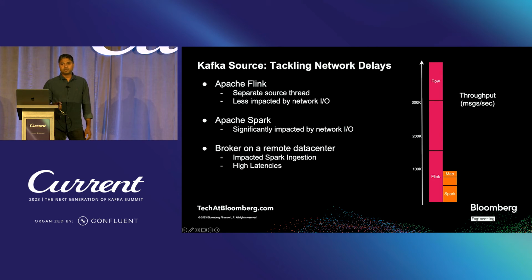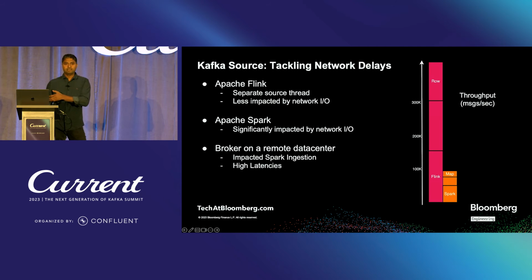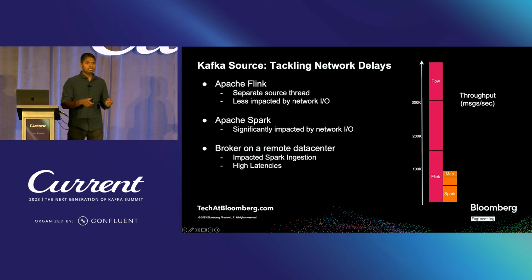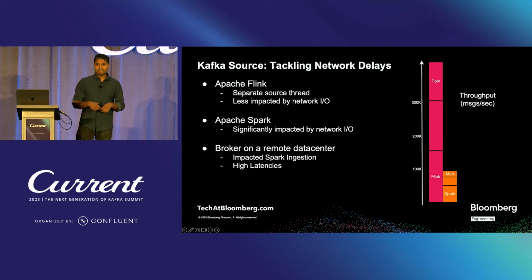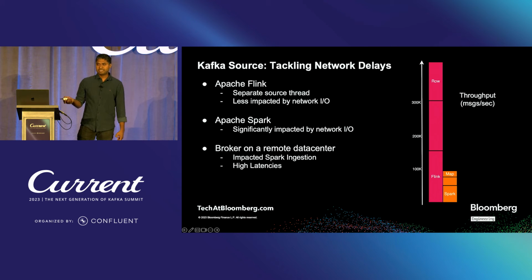So Flink addresses this problem by having a separate data fetcher thread that reads these messages, parses headers, and forwards them to the transformer thread using an internal message queue. However, Spark consumes and transforms all of them in a single thread, thereby spending a lot of time just waiting for the data records to be fetched. And this was quite noticeable when you are trying to consume the same records from a Kafka broker in a remote data center compared to a server in the same data center where this was being ingested.